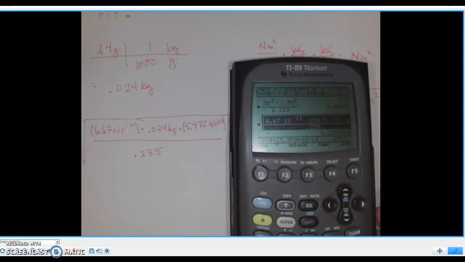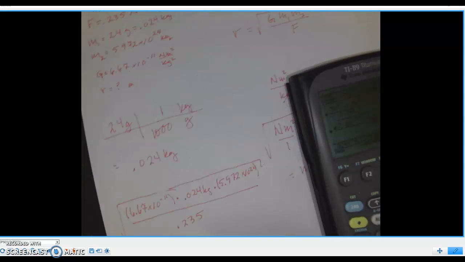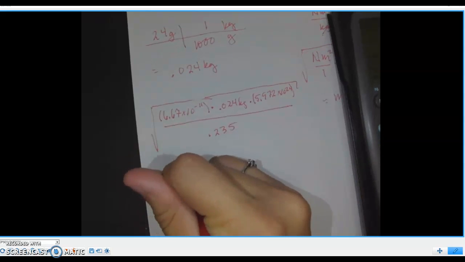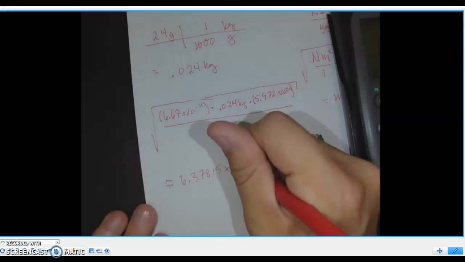And so my calculator gives me pretty print, so I can go and see that I have set it up correctly. Yep. Okay, so I have a final answer without sig figs. Actually, I want to do an exact. I have a final answer of 6.37815 times 10 to the 6th.